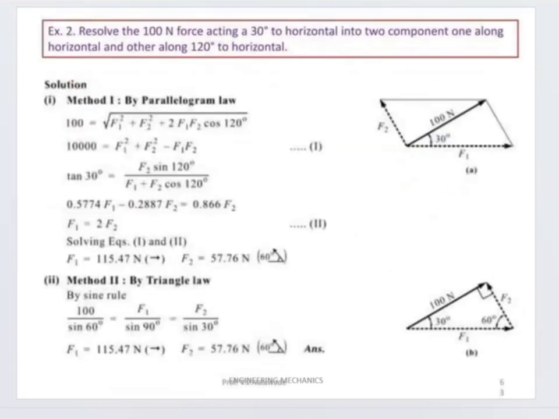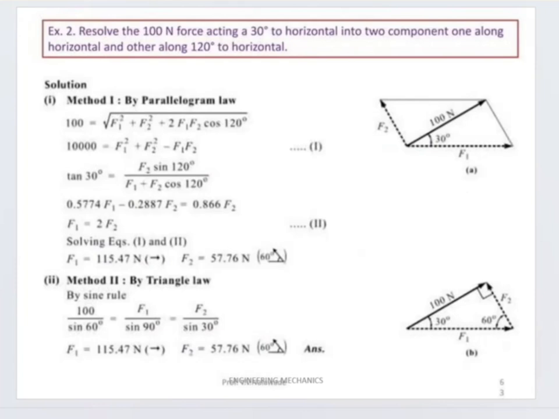Now, in a second example, you can see, resolve the 100 Newton force acting at 30 degree to the horizontal into two components, one along the horizontal and the other along 120 to the horizontal. So, using two methods, first by the parallelogram law method and second by the triangle law method.